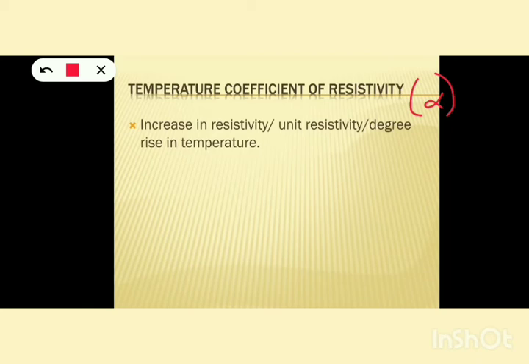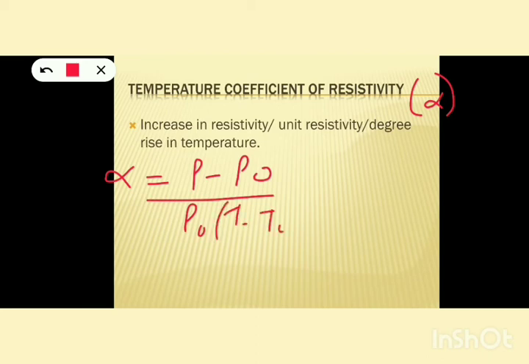And there is an expression for temperature coefficient of resistivity. Alpha is equal to rho minus rho naught by rho naught into T minus T naught. Okay, and when we rearrange this expression, we get rho is equal to rho 0 into 1 plus alpha into T minus T naught.